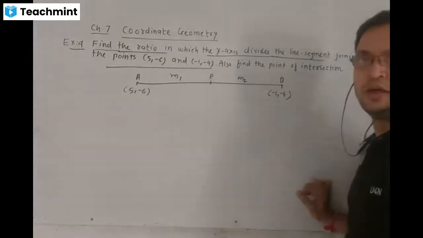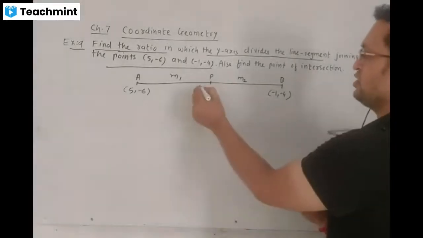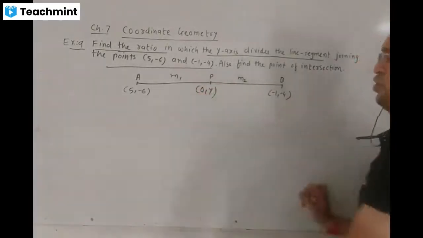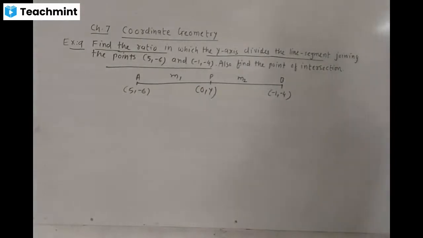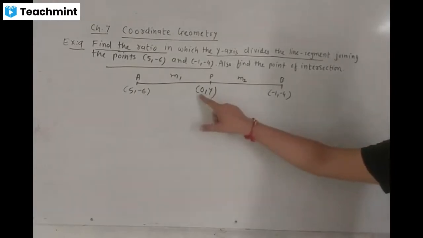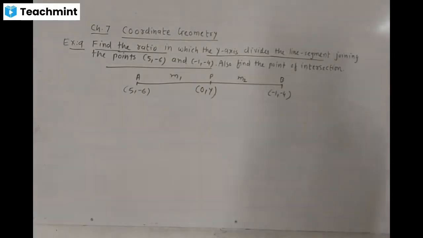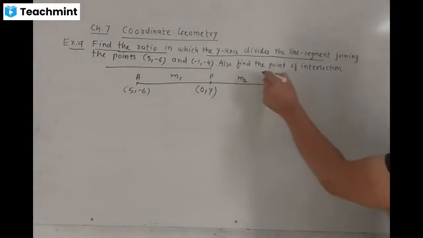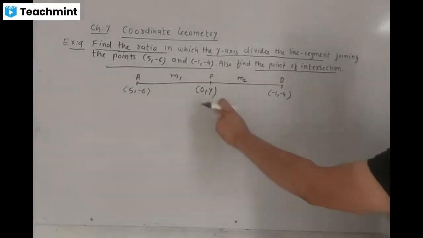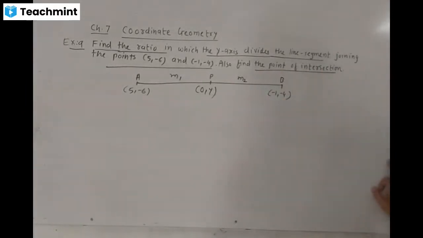Point P lies on the y-axis, therefore the x coordinate is always 0. That point is 0. And also find the point of intersection, means find the value of y.